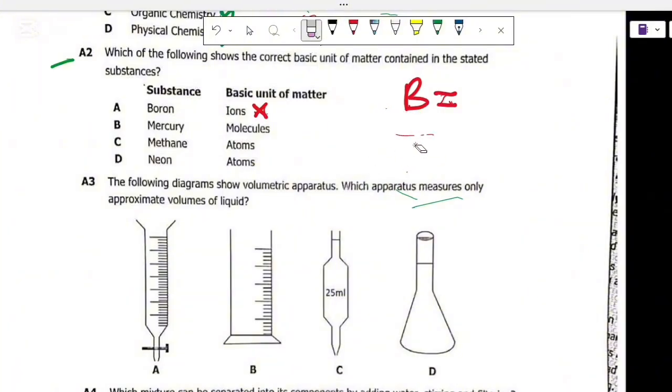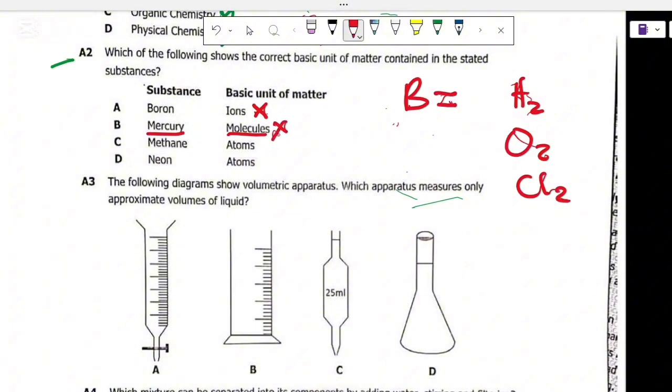When it is existing the way it is, sodium as a metal is not a molecule. Molecules will be hydrogen, a nonmetal, or oxygen, or chlorine, which are also nonmetals. The interesting part here is that mercury is a metal, so it can't be molecules. It should be an atom, or an element. It can't be made up of molecules as the basic units of matter.